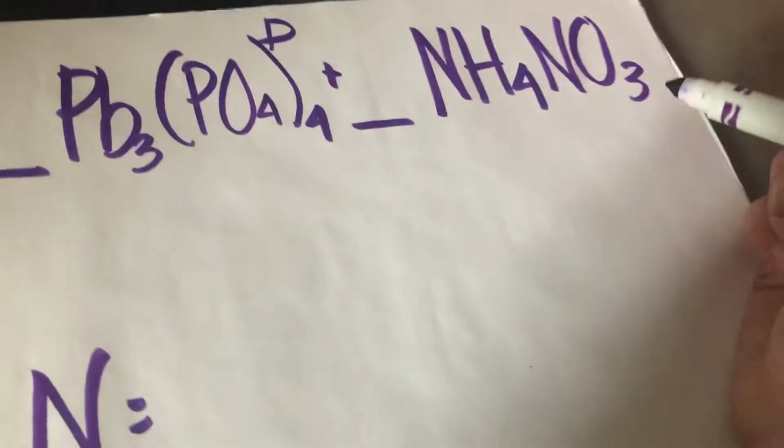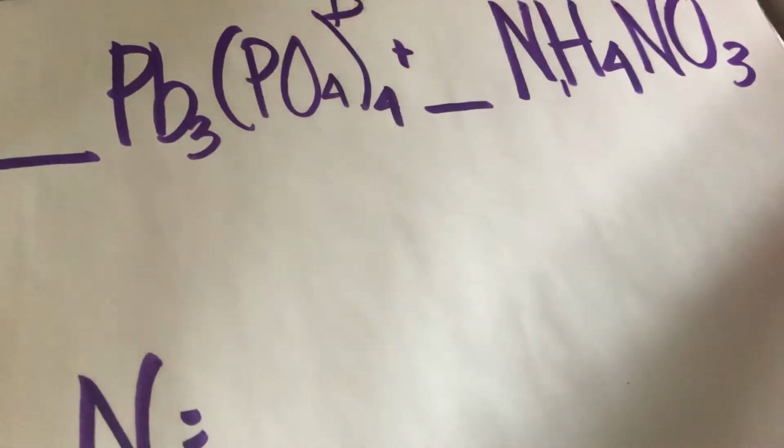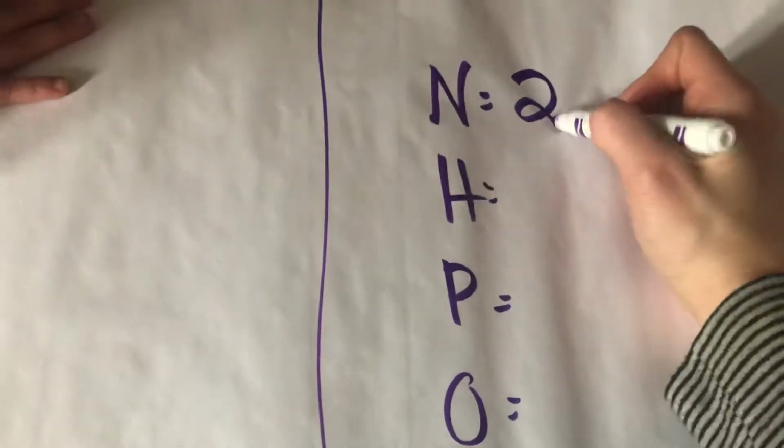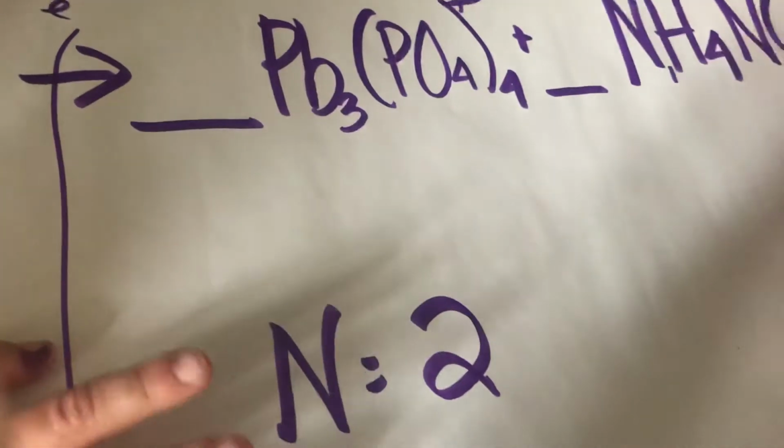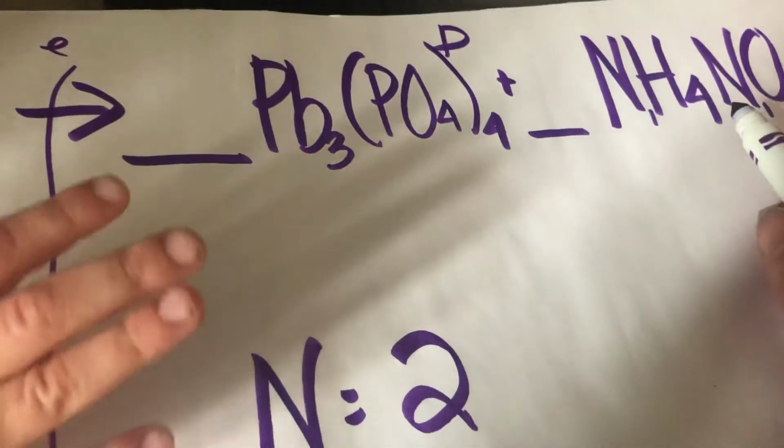Okay, so no nitrogens here, but over here I have 1 nitrogen, nothing next to it, so that's a 1. And I also have 1 nitrogen here. So I start with 2 nitrogens on this side. Okay, hydrogens. No parentheses, my hydrogens are right here. So I have 4 hydrogens.